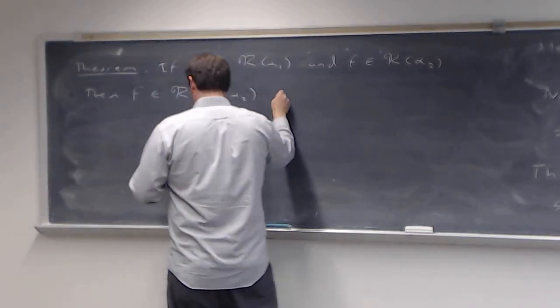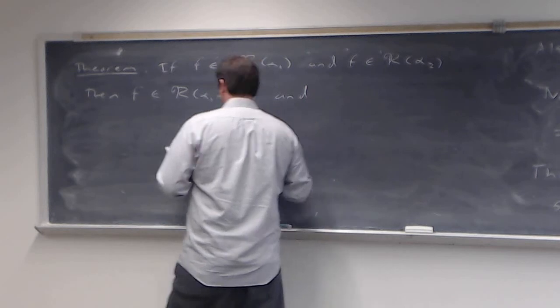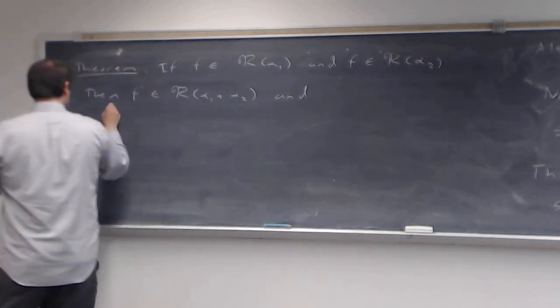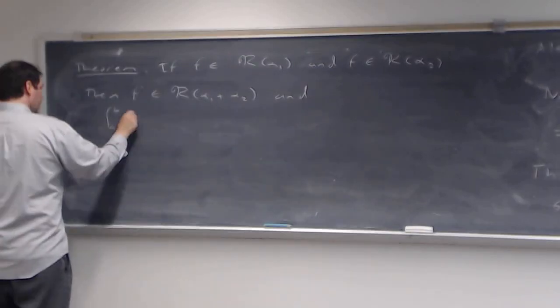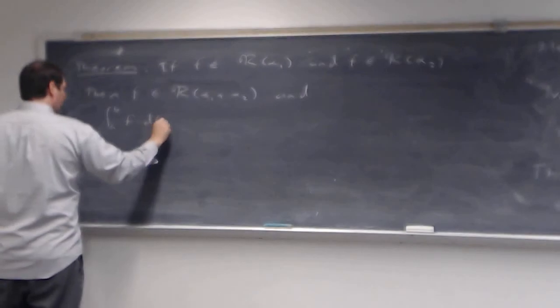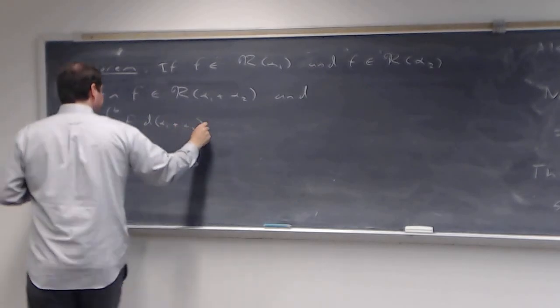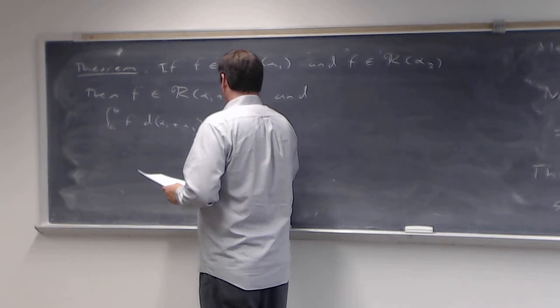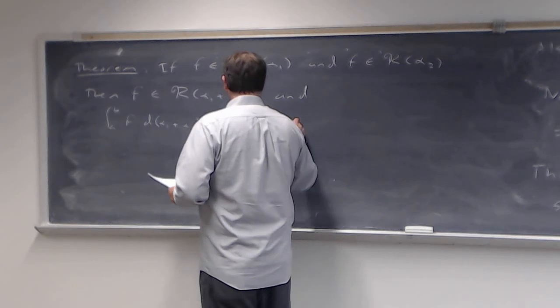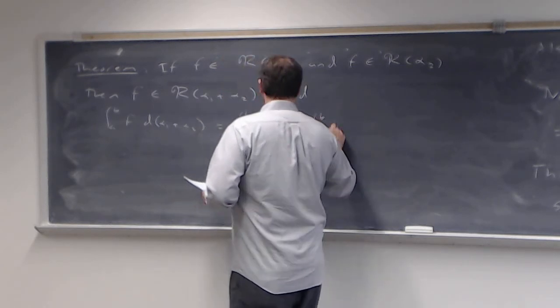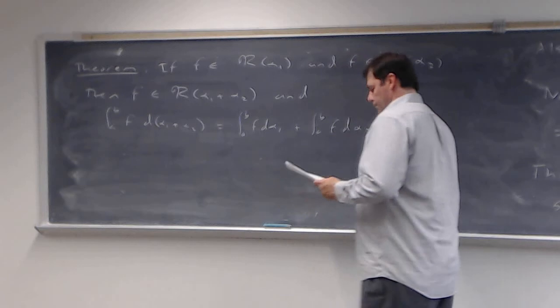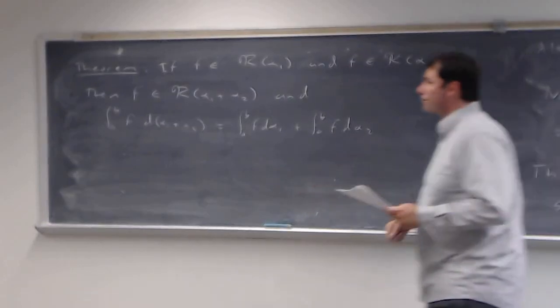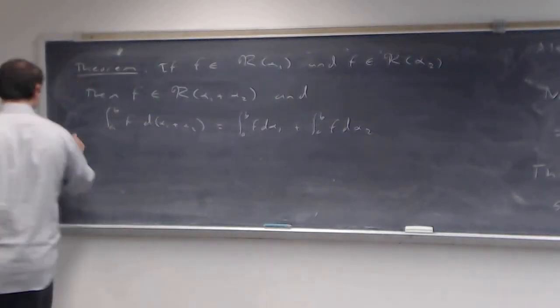And not only that, the integral from a to b of f d(alpha sub 1 plus alpha sub 2) is equal to the integral from a to b of f d alpha sub 1 plus the integral from a to b of f d alpha sub 2. Let's look at the proof of that.